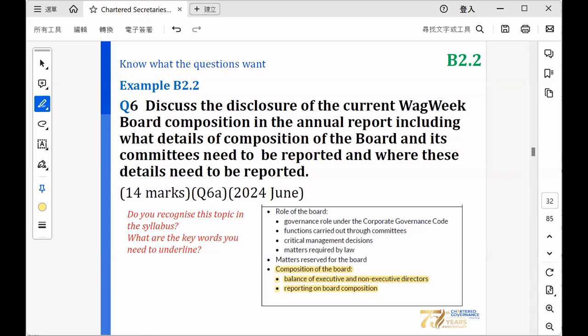So, unless you know this topic very well, you may not be able to answer the detailed requirement of what you should include in the annual report.